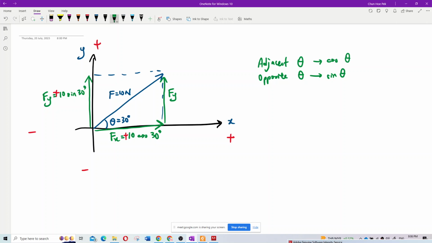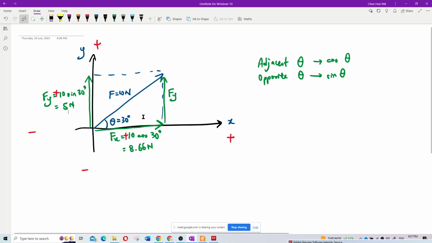It's 8.66 Newton, isn't it, class? And 10 sine 30 is 5 Newton. Correct, class? So this is how we resolve a vector into two components.